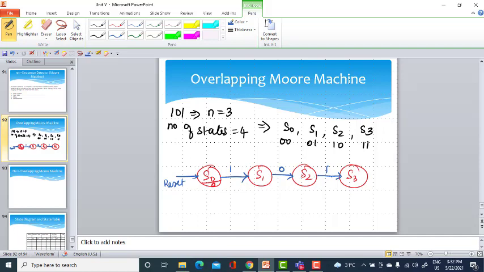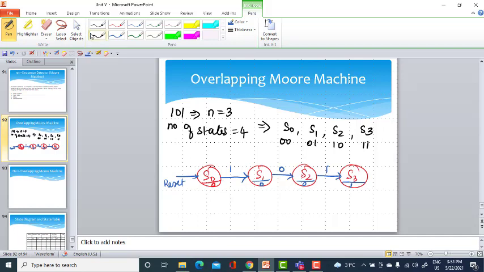When you receive 1 again, you will go to S3, making your output 1. For all the other cases, your outputs are 0. So the output is indicated within the states themselves, keep that in mind.